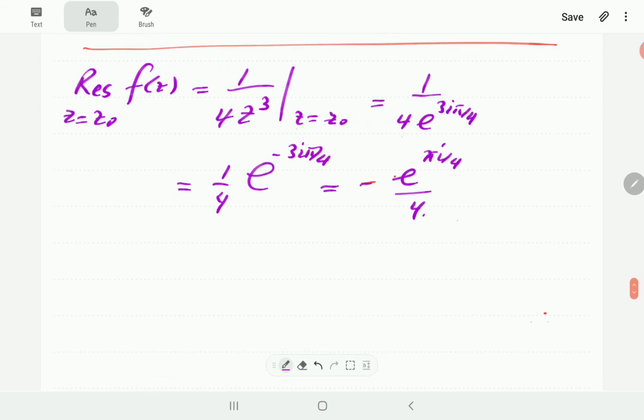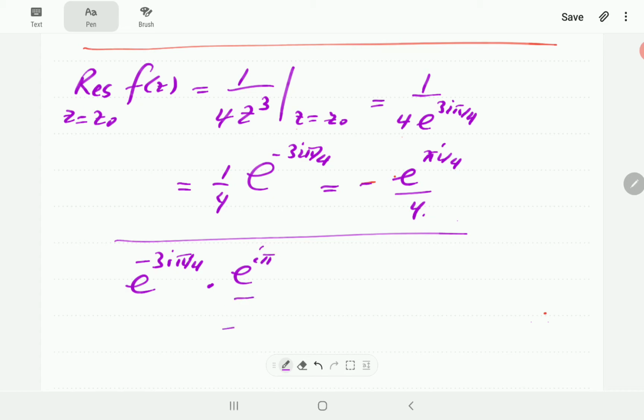The way that is going to work is this. Let's explain it. It's going to be minus 3I pi over 4. What we're going to do is multiply both numerator and denominator by e to the I pi. Now remember, e to the I pi is just negative 1.